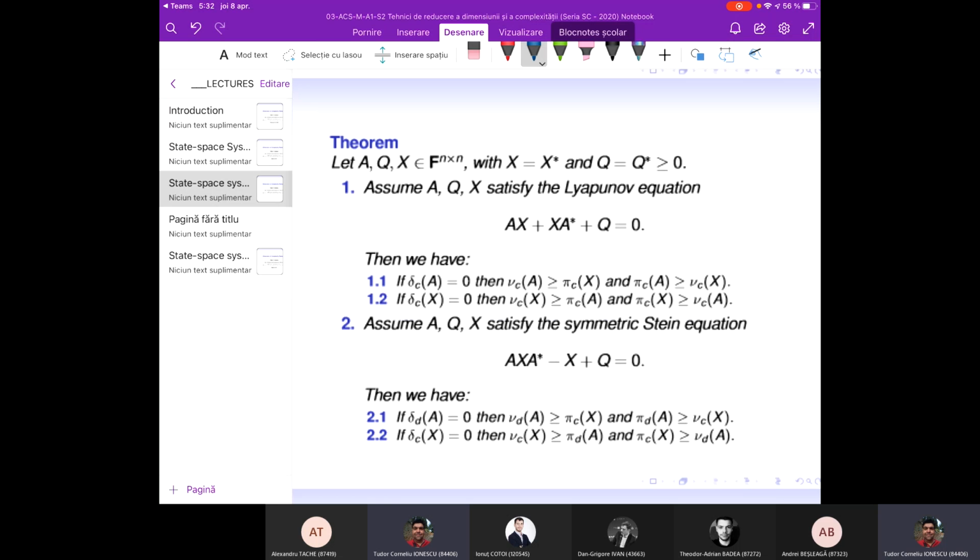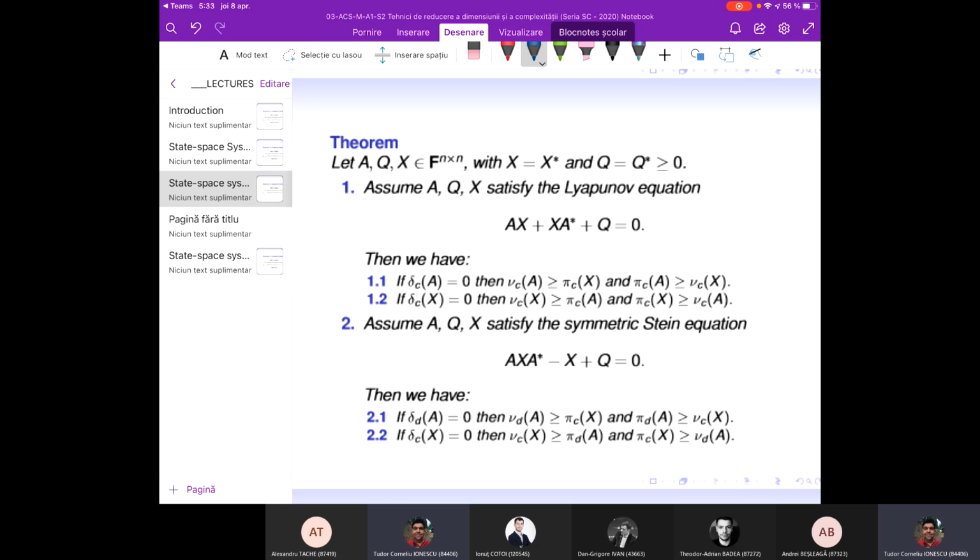Also, the number of eigenvalues of A with negative real part is no more than the number of eigenvalues of X with positive sign. So A has at most as many negative eigenvalues as X has positive eigenvalues, and vice versa: A has at most as many positive eigenvalues as X has negative eigenvalues.